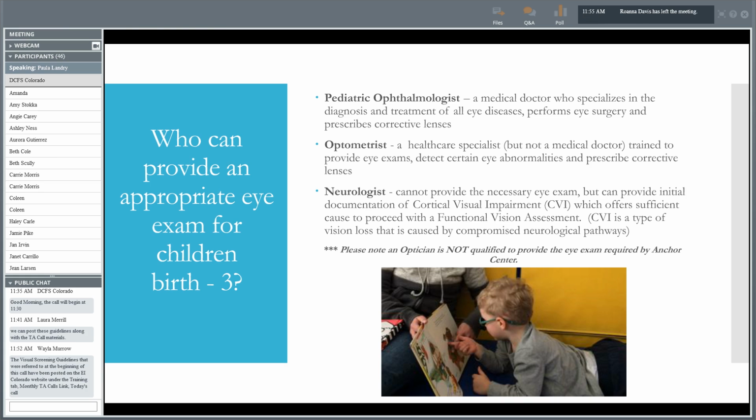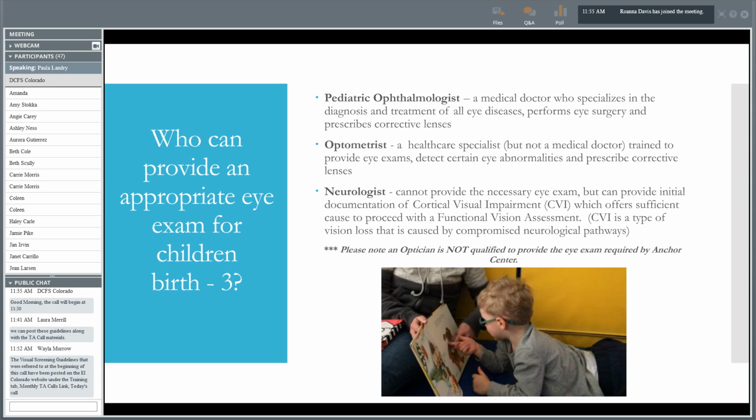Optometrists are trained to provide eye exams. For the most part, I would say optometrists are really more trained in adults and don't have a lot of pediatric experience. But as far as doing an eye exam and being able to tell if the eye was healthy, they would be able to determine that. Again, it's just the level of expertise.